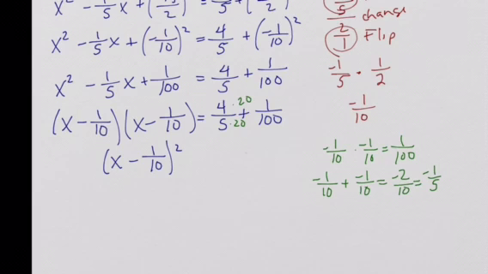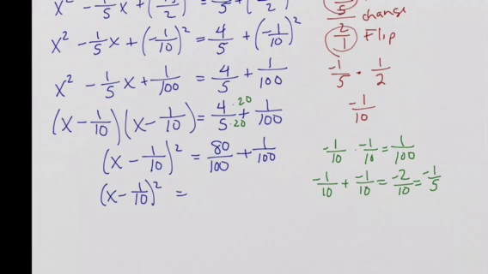So that means I've got to multiply the numerator times 20 in order to get a common denominator. So 4 times 20 is going to give us 80. Over 5 times 20 is 100. So we get x minus 1/10 squared equals 81 over 100.